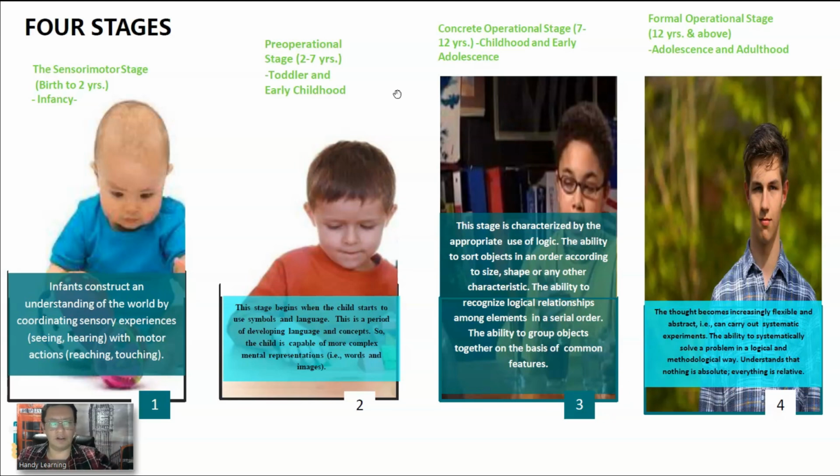And then we go on to adolescence, in which the individual is going to be able to understand more abstract concepts. He's going to start thinking about the future, and he's going to know that nothing is absolute, that everything is relative, meaning that there are always some perceptions and some characteristics and some background about anything.